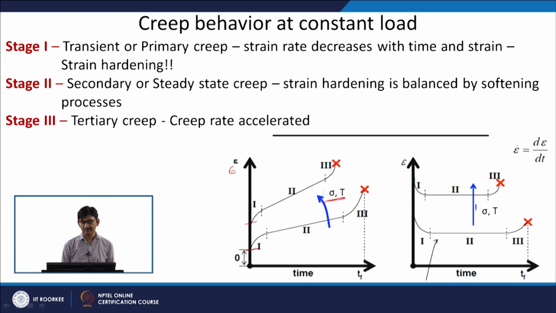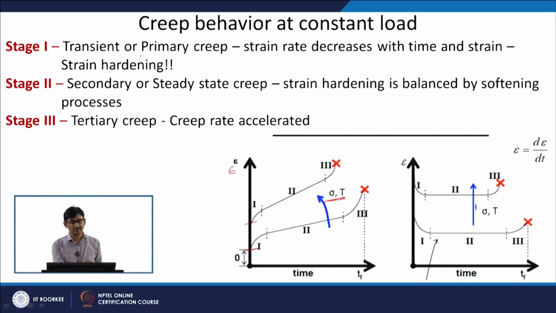So, steady state creep will also be higher, and the material will fracture at a much shorter time duration. If material is exposed to high temperature or is under higher load, it will fracture at a lower time.